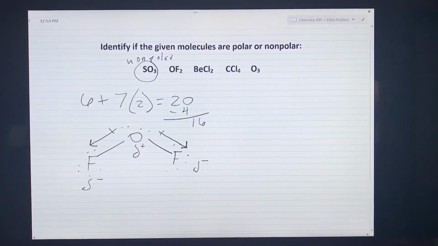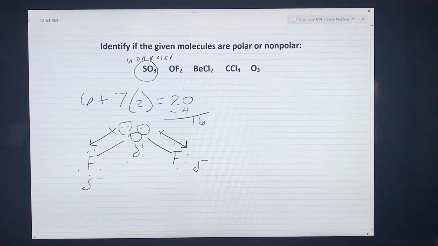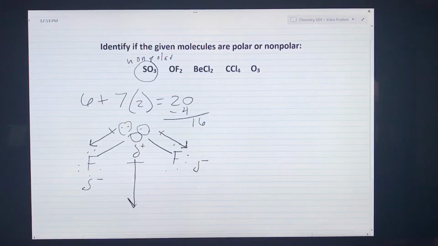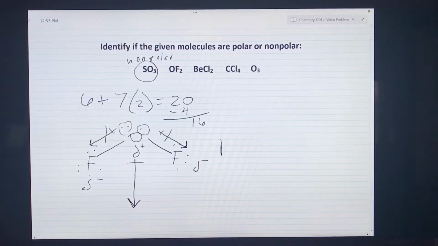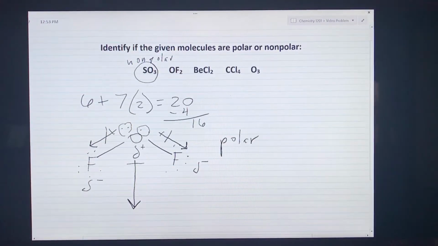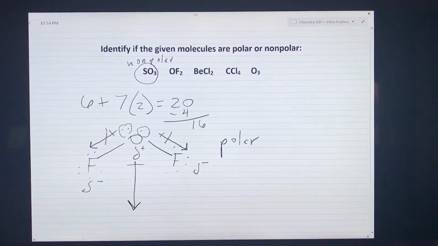And these non-bonding electrons up here would give you a net dipole pointing down. These would cancel out, so there would be a net dipole pointing down, so therefore it would be polar. So OF2 is polar.